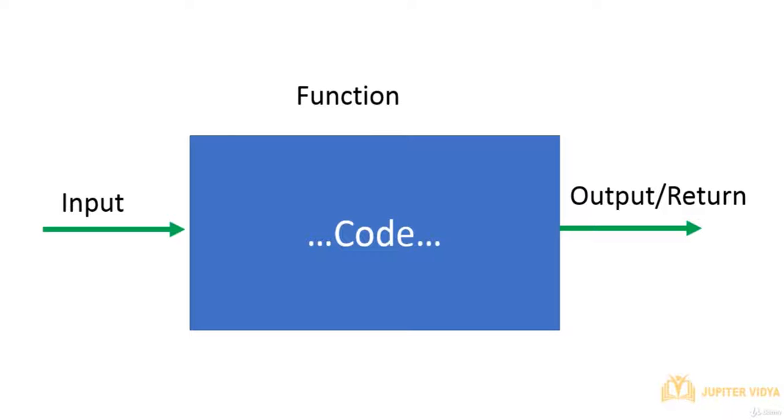Now the ATM will process your request and check whether that balance is available or not, whether your input is correct or not. Then that much money will come out of the ATM. So that is the output or return. So the ATM will return the money, how much you entered here. So that is the way function works.